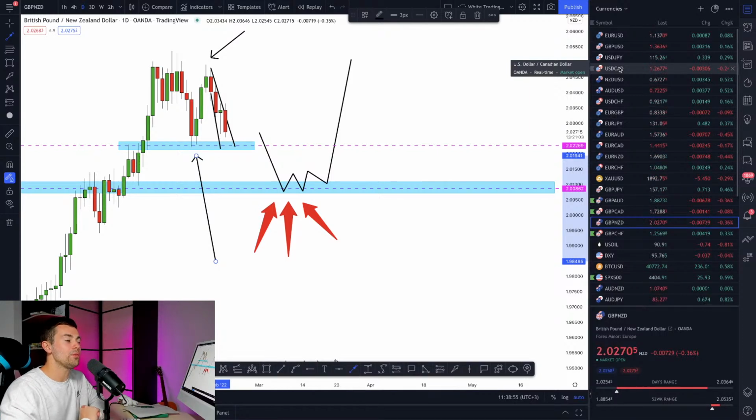So let's see. I hope that the fundamentals will push the market today, and major pairs will reach the key levels. Minor pairs will reach the key levels. But for now, unfortunately, nothing to do.